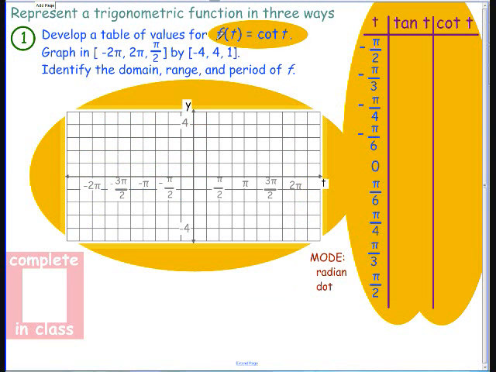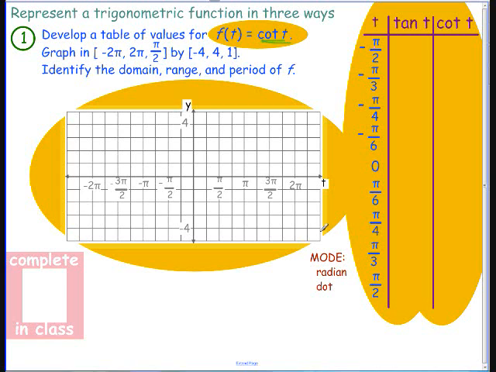Develop a table of values for cotangent t. Now I want you to take a moment and put this into your notebook. This is something you're going to complete in class. I'm going to ask you to do this by hand. I know this shows what we would use on the calculator, and we can verify it on the calculator, but I want you to figure out your points for tangent and cotangent, and then graph your cotangent, okay?